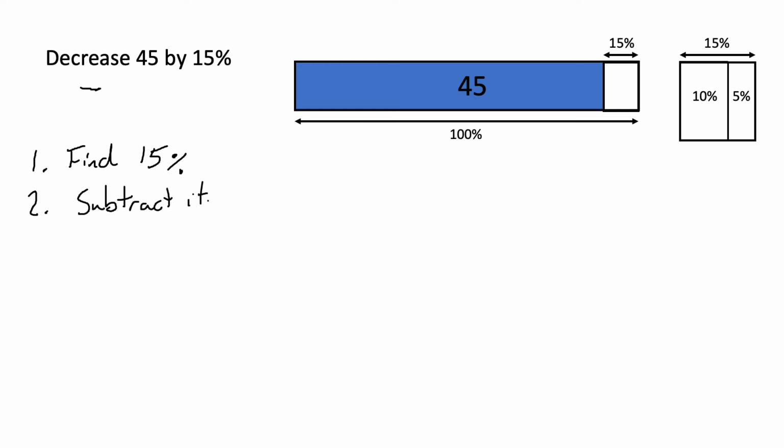So, to find 15%, let's first find 10%. Now, we've just done this. 10%, we divide by 10, because 100% divided by 10 will give us 10%.